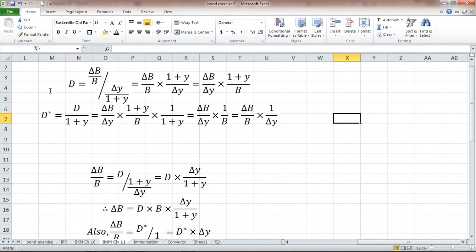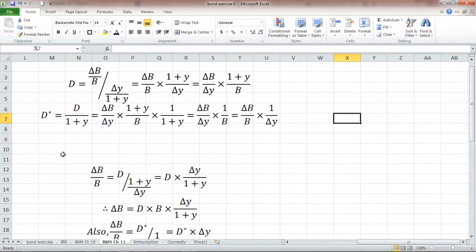And then the regular duration is called Macaulay duration. Frederick Macaulay was a Canadian economist, or American, I guess Canadian, and Macaulay basically first came up with this.